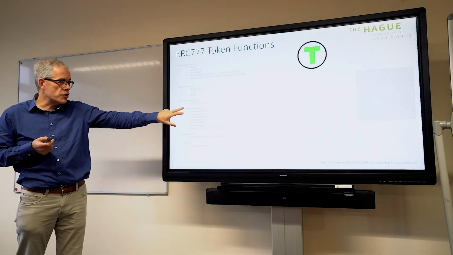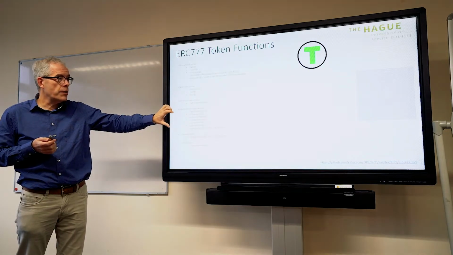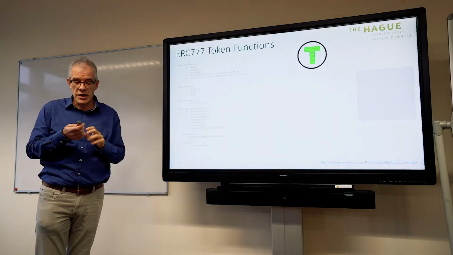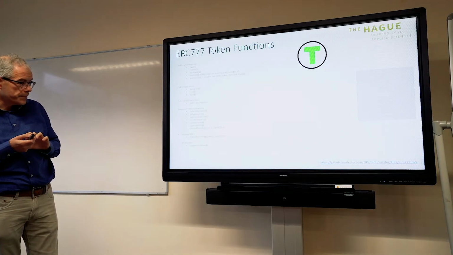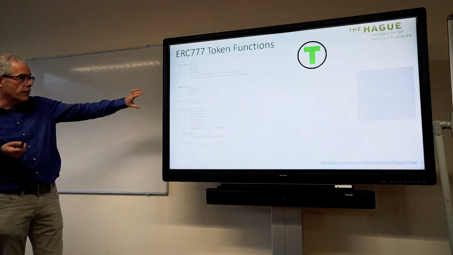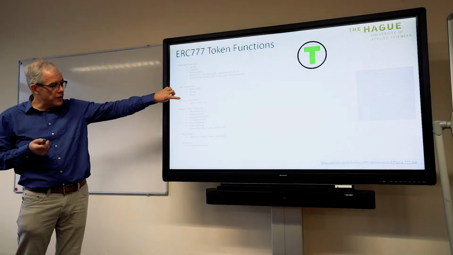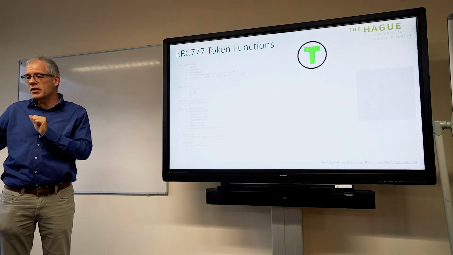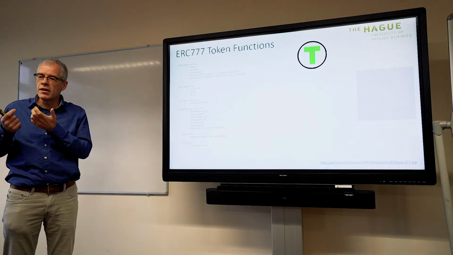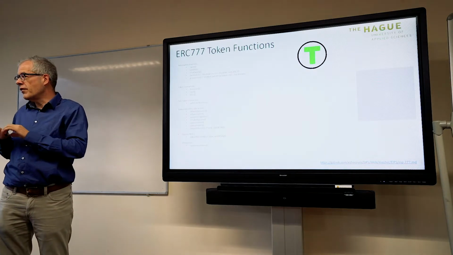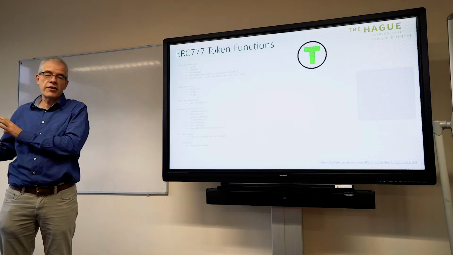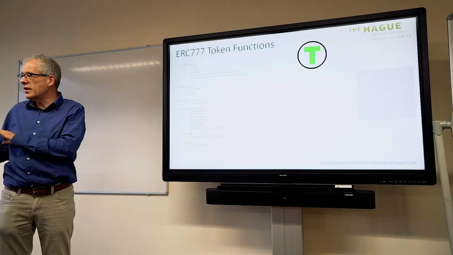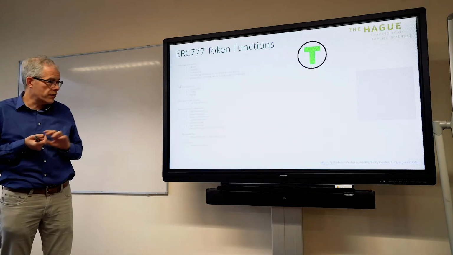There are also a lot of functions to delegate the transfer of tokens, so you can use an exchange or whatever to do that. And to enable a safe transfer, you need a function on the receiving contract so that it can accept that token. If that function doesn't exist on the other side, you cannot transfer the token anyway. And if it does exist, it can accept those tokens.